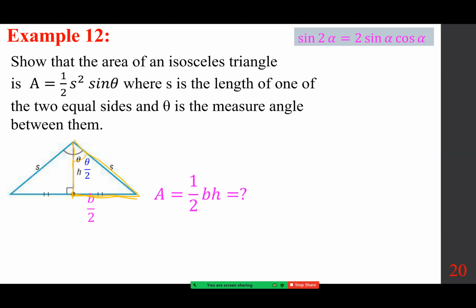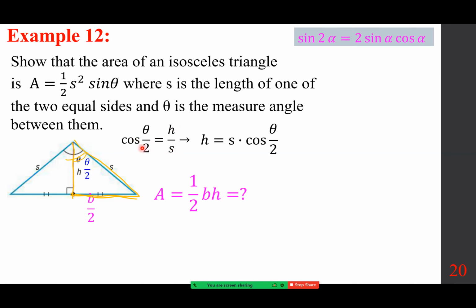So this is theta over 2. So theta over 2, what is cosine of theta over 2? It is h over s, the adjacent over the hypotenuse. And so what is the height? Cosine theta over 2 times s, right? The cross product.